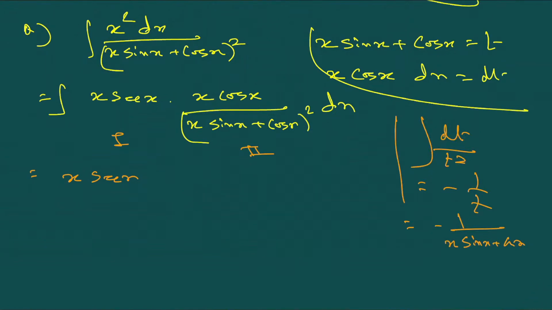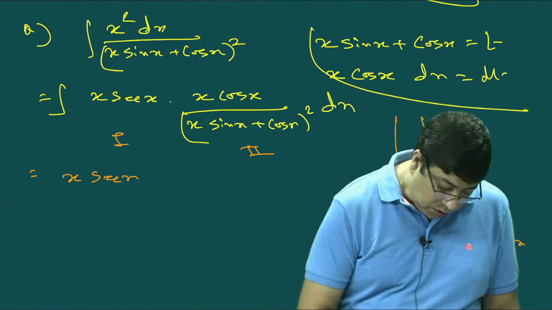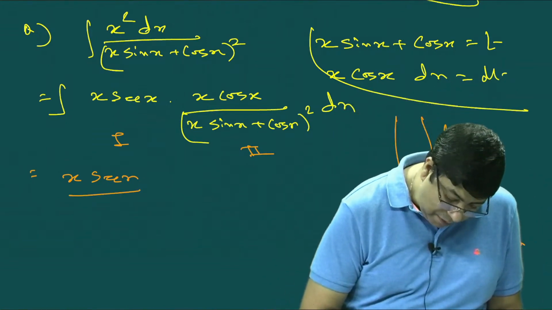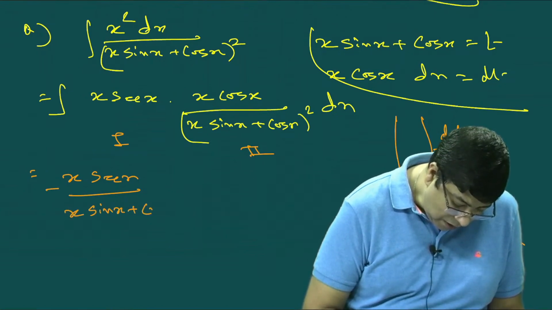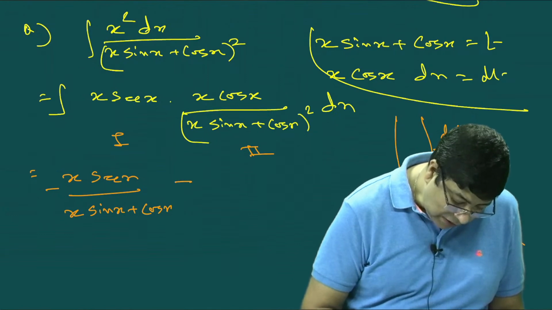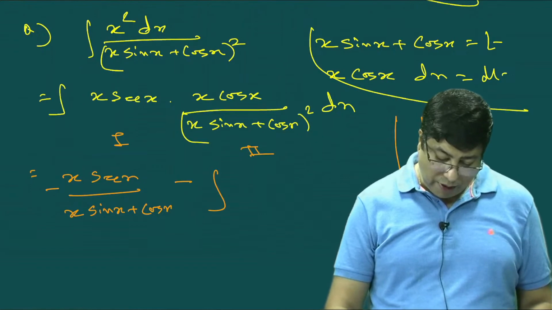Let us present this. Now u integration of v means what? What we get: minus x sec x by x sin x plus cos x, minus the integral of the derivative of u, the derivative of x sec x, times the integration of v. What to do, everybody?